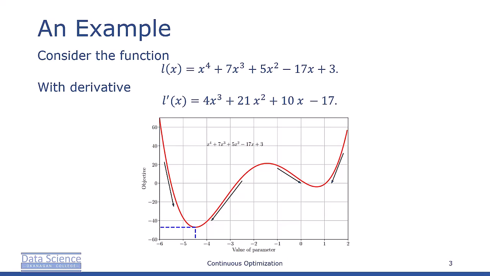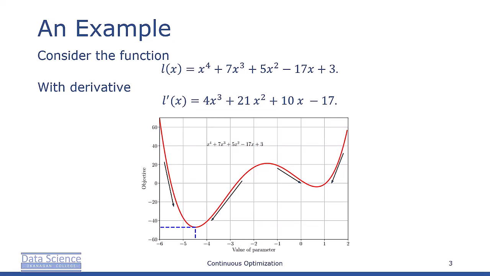In the example, we can see that two of those points are minimum values, and the other is a maximum. To check whether a stationary point is a minimum or a maximum, we need to take the derivative a second time and check whether the second derivative is positive or negative at those stationary points.